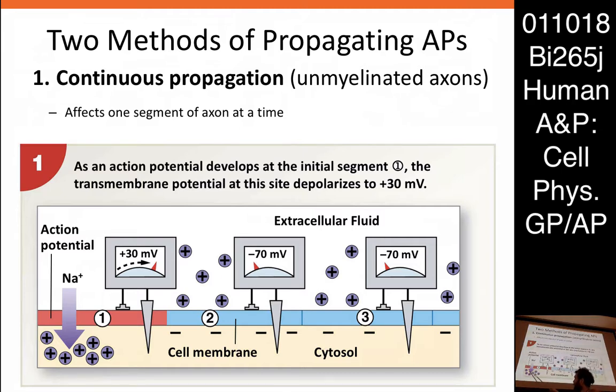So we have a graded potential that triggers an action potential here at the axon hillock. It's depolarized. The membrane, the sodium has rushed in. We're at plus 30. But the leading edge of the axon is still at minus 70.